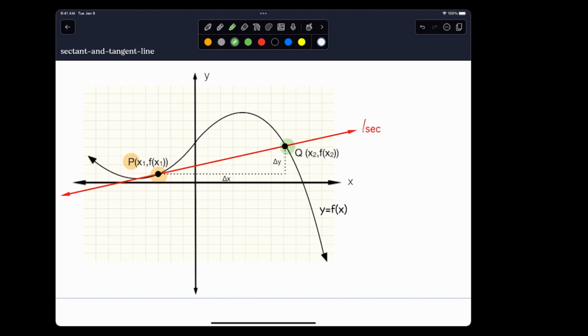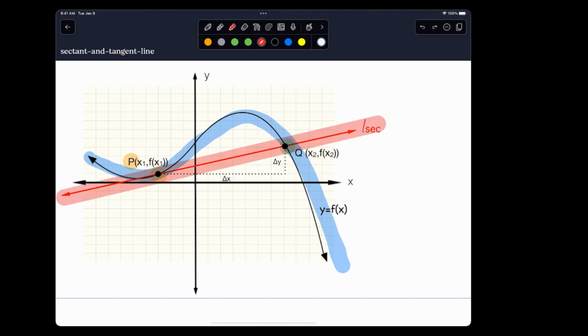Now, when you have 2 points on any curve, ladies and gentlemen, draw a line. And you say, okay, what is that line? It's in red here, the line through the 2 points. This is the definition of what we call a secant line.